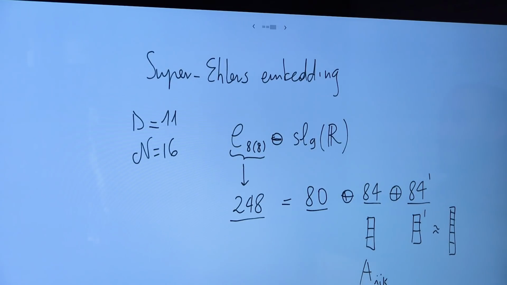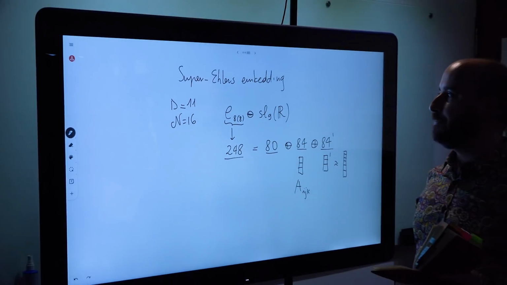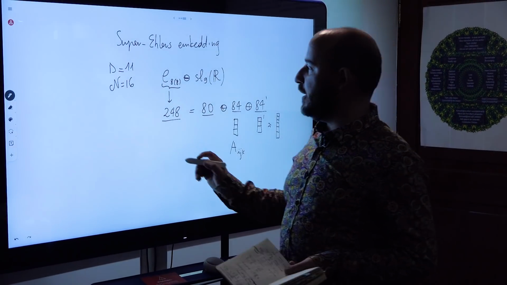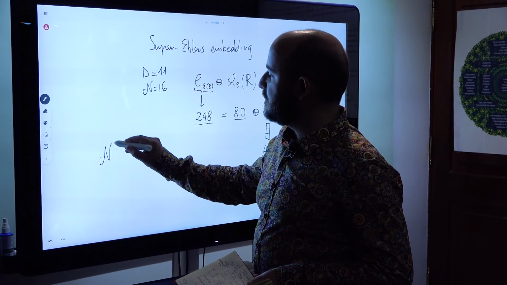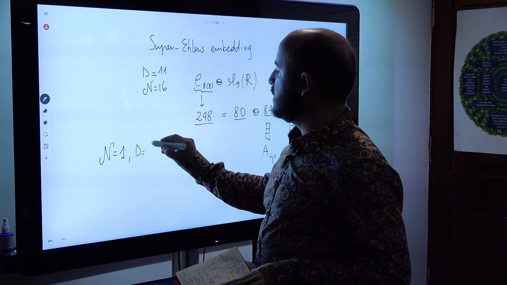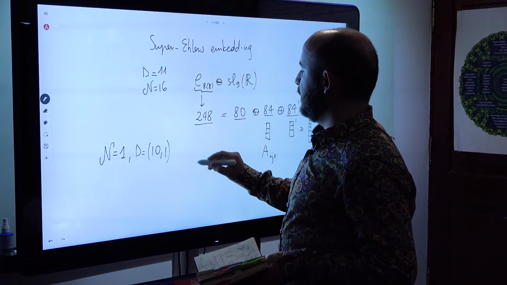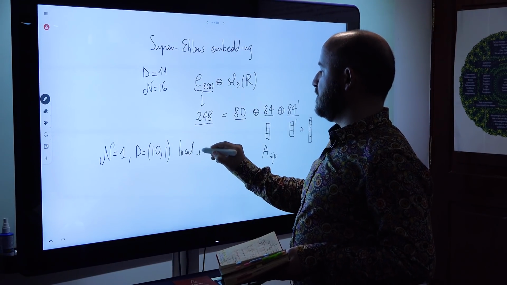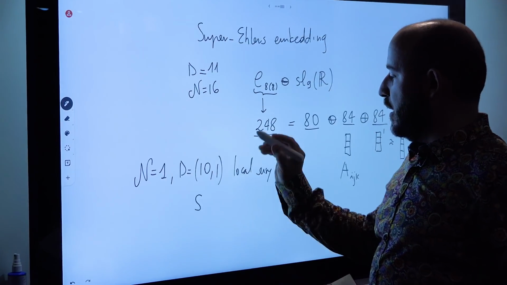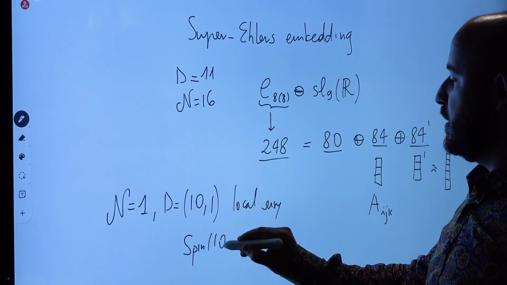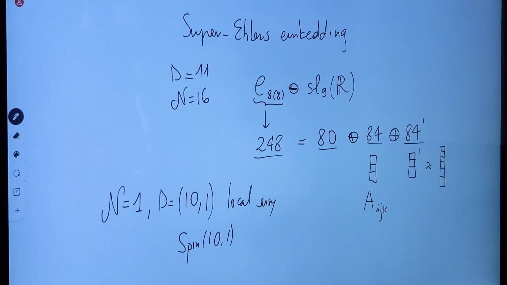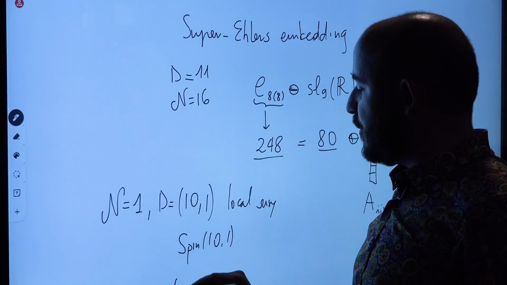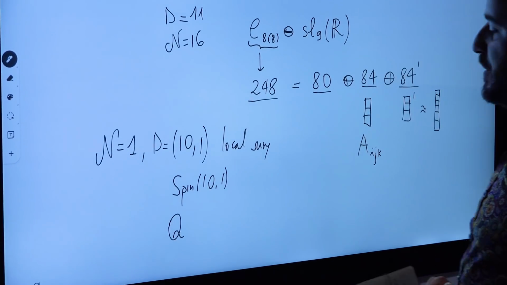But please, it would be interesting to explain how you get this number of 16 supersymmetries when you go from 11 to 3. Maybe that will help them understand how N=16 arises when you have a spinor in 11. Essentially, we decompose it in 3 dimensions. We start from N=1, D=10,1 local supersymmetry. What does it mean? There is, of course, a bosonic symmetry, the spin covering of the Lorentz group in 11 dimensions. But there are also generators of this graded symmetry, the supersymmetry.